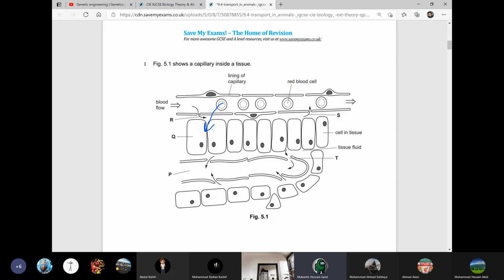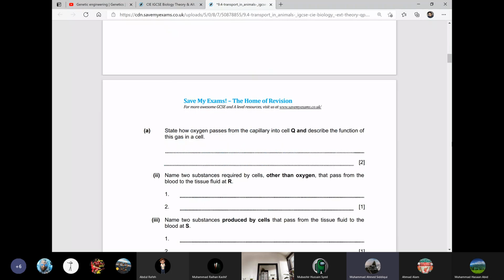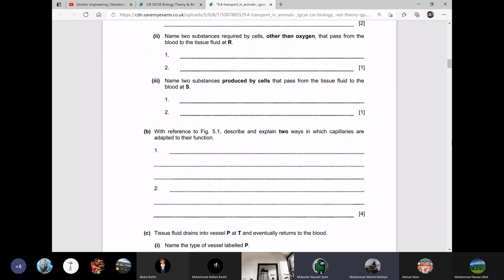It travels by diffusion, right? And what is the job of the oxygen in the cells of the tissue Q? For respiration, breakdown of glucose to produce energy, right? Very good. The next question.